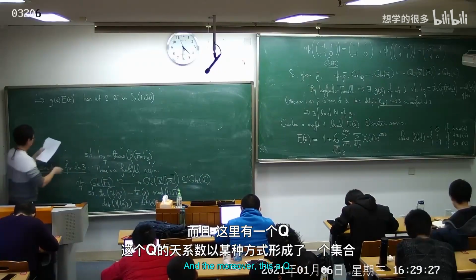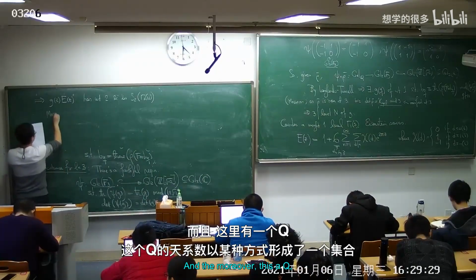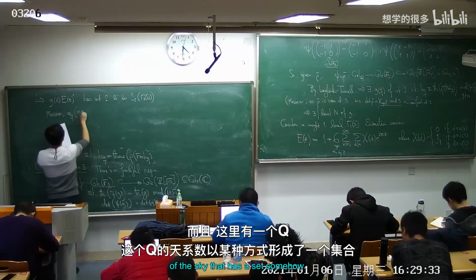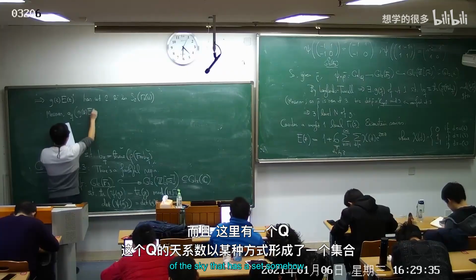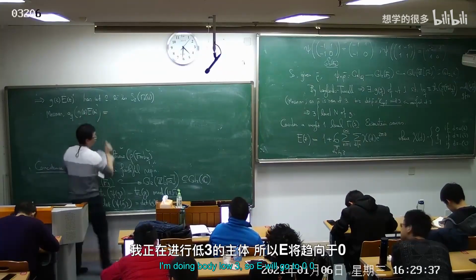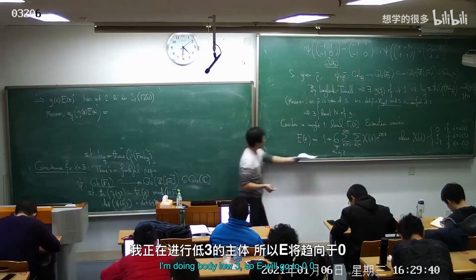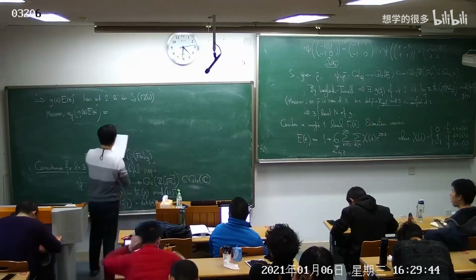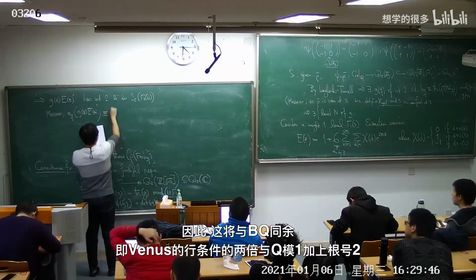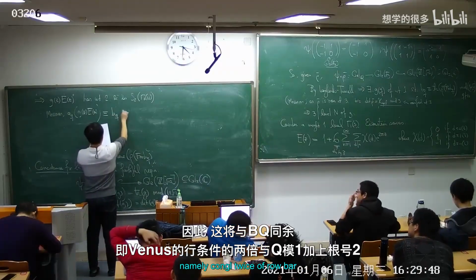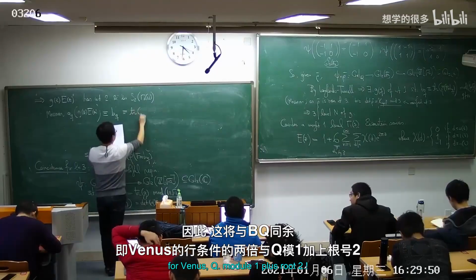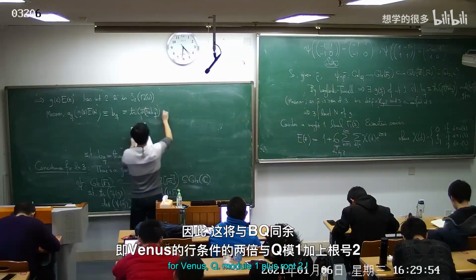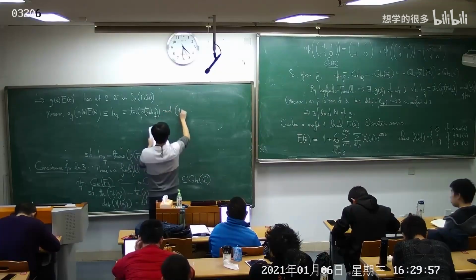And moreover, the q-th coefficient a_q of this, as I said, I'm doing modulo 3, so E will go to just the constant 1 if you look at the q-expansion. So that will be congruent to b_q, namely congruent to twice rho bar Frobenius q modulo 1 plus root of 2.